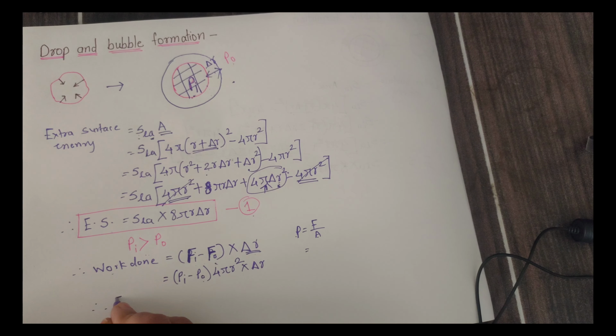Pi minus P0 is equal to 2 S_LA upon r, from r square. So this is the increase in the pressure in case of the drop, right?